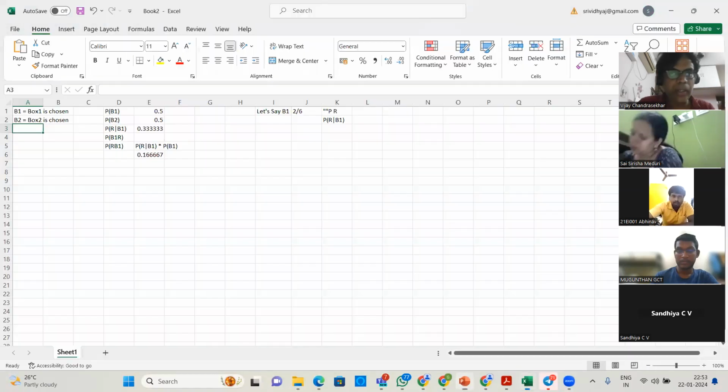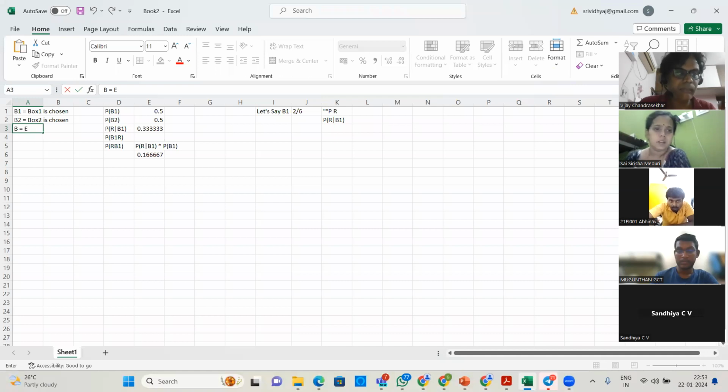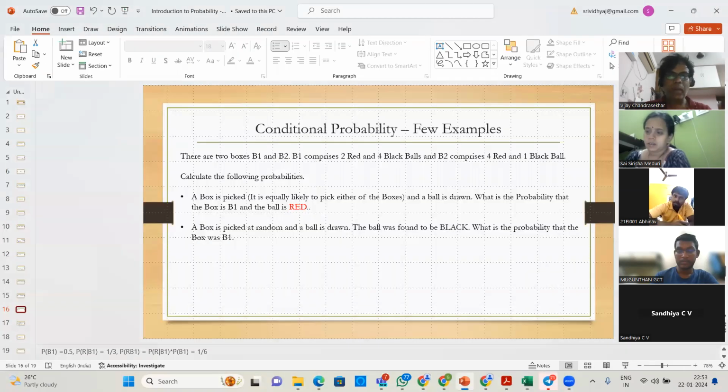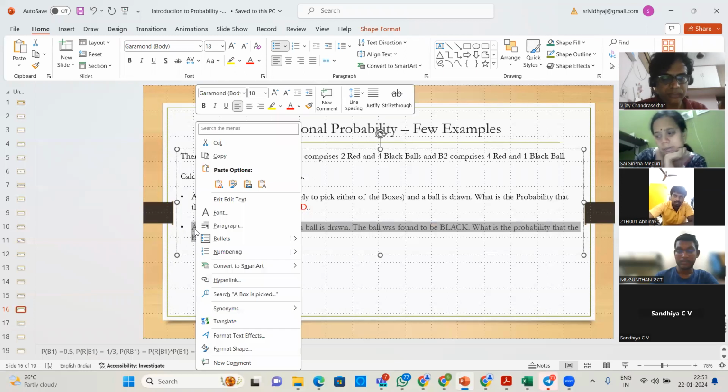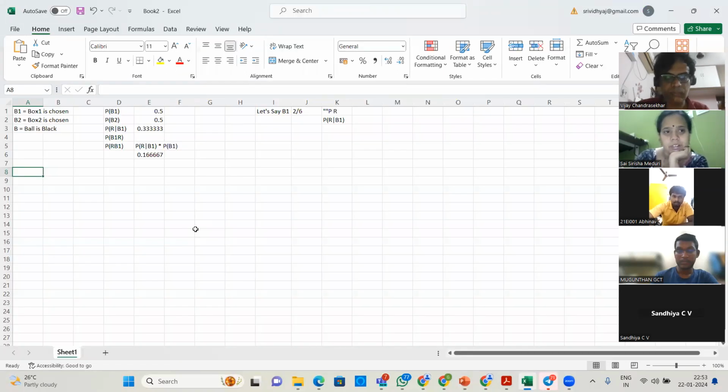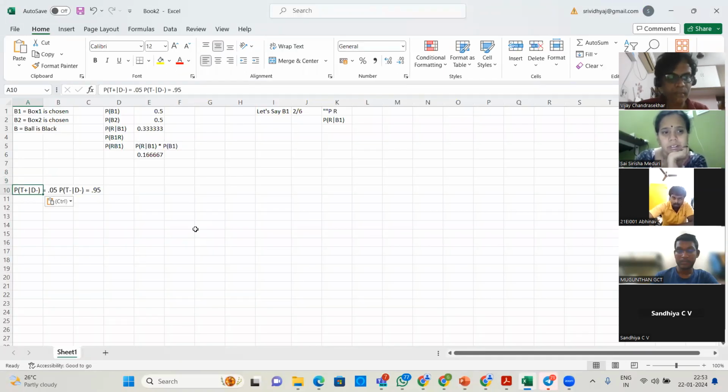I'm going to call B as the event where the ball is black. Now, what do we need here? Tell me in terms of conditional probability, what is required? Let me just copy this.